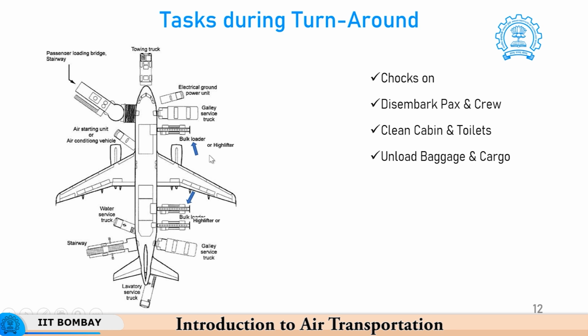For that, the bulk loaders or high lifters are used by airlines to take out the baggage. Then the aircraft is inspected as per a standard operating procedure. This is the maintenance requirement. There is always some minor maintenance done between two flights and there is a set sequence of operations: investigation and observation of the control surfaces, observation of the engine and the nacelle to see that there is no obvious and clear cut damage to the blades or to the cowling.